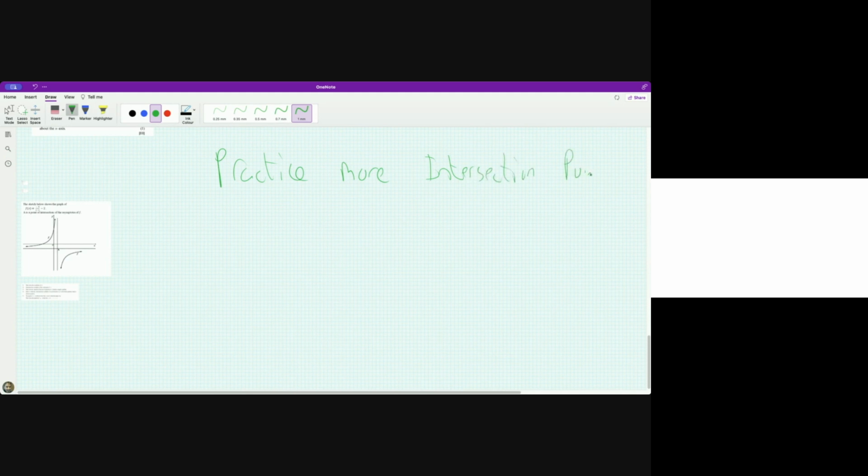And then the other question was, what is calculus about? So what calculus is about is gradient. If you think of a straight line graph, a straight line graph will have one consistent gradient. So in this case here, the gradient of the straight line is 2.